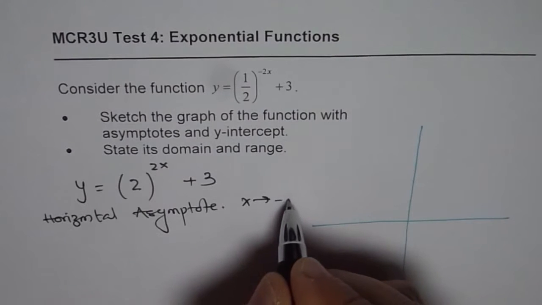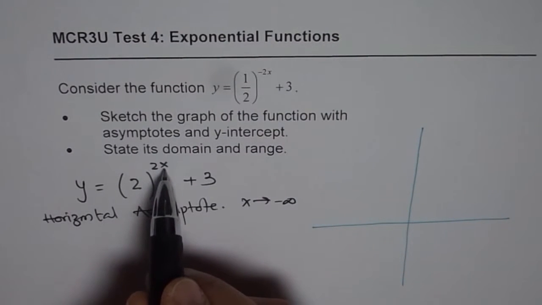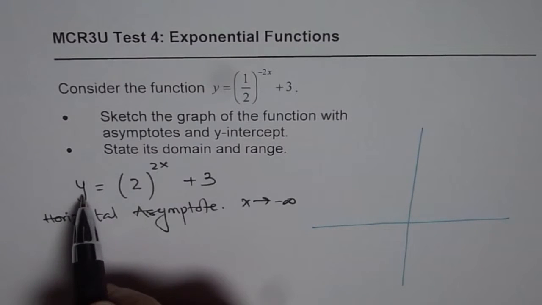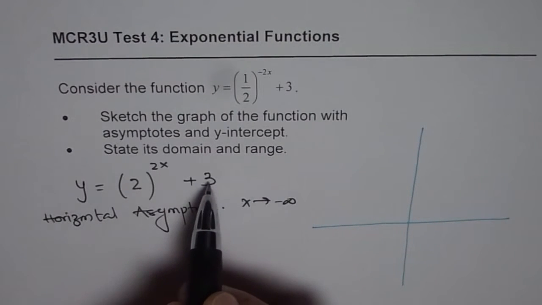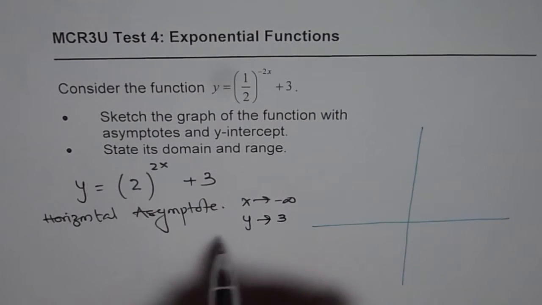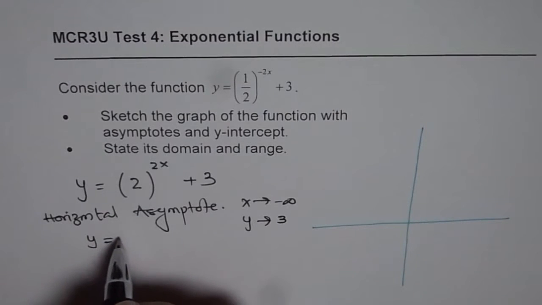When x approaches minus infinity, a large negative value, the exponential part of this approaches 0. What happens to y? So y approaches 0 plus 3. So y approaches 3, and therefore we have a horizontal asymptote whose equation is y equals 3.